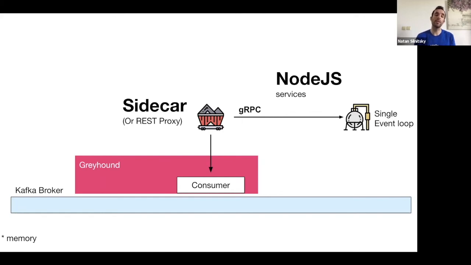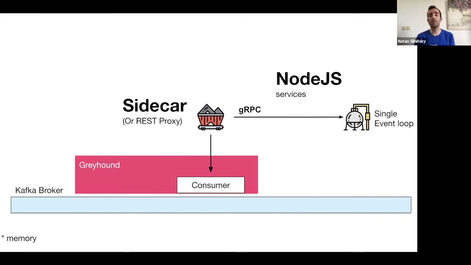So inside the container, we have a service with Greyhound, and it just consumes the messages, for instance, and it will send gRPC requests over to the Node.js service with a new message to process. And this is much more like Node.js is used to, getting requests and processing them efficiently.